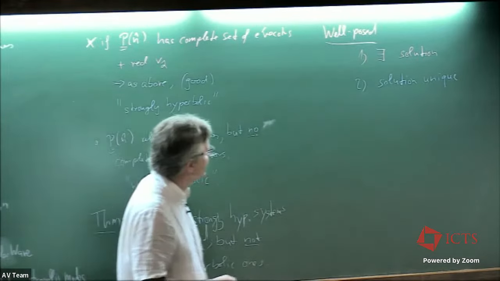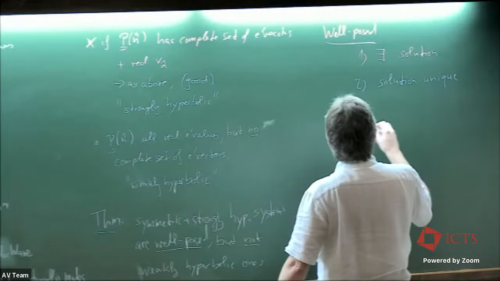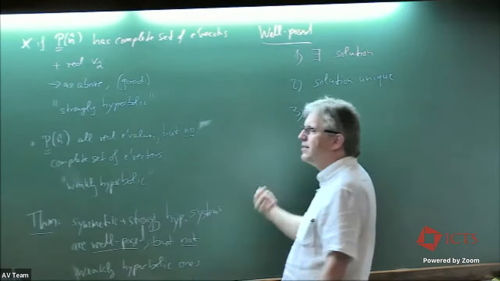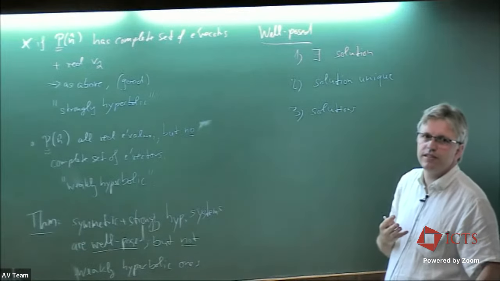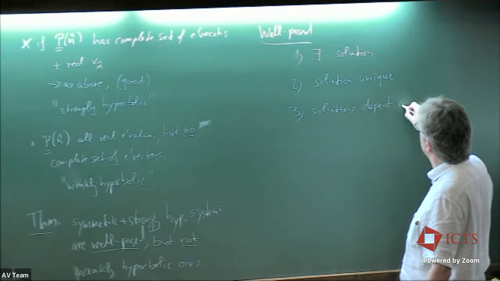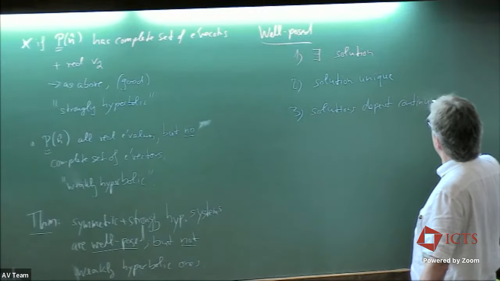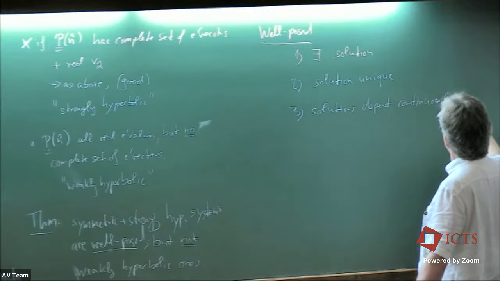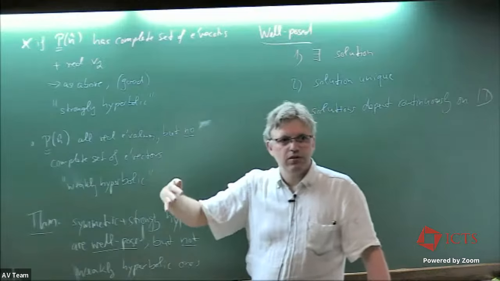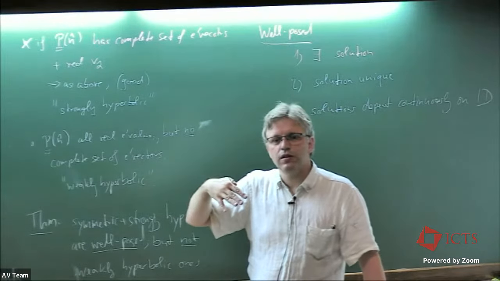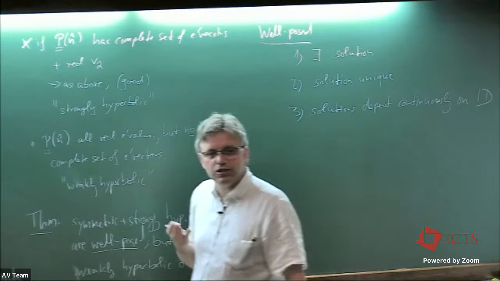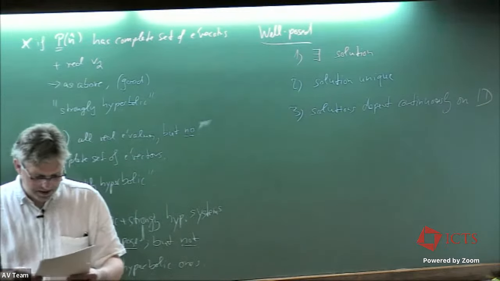And the last quantity is somewhat more obscure. The solutions depend continuously on the initial data. So if you change your initial conditions by epsilon, a very small epsilon, then the subsequent evolution should also only be changing by a small amount.